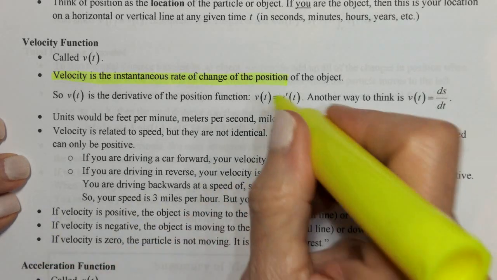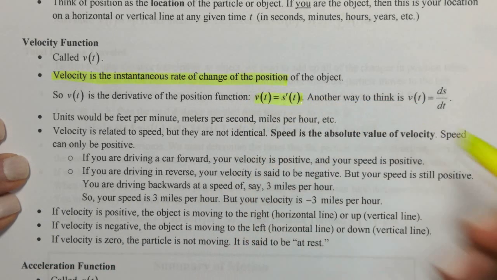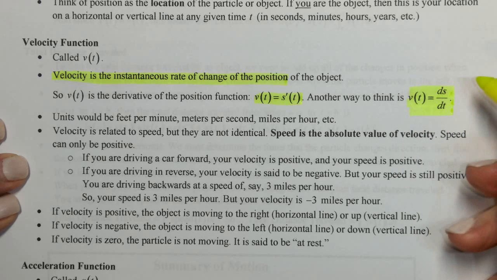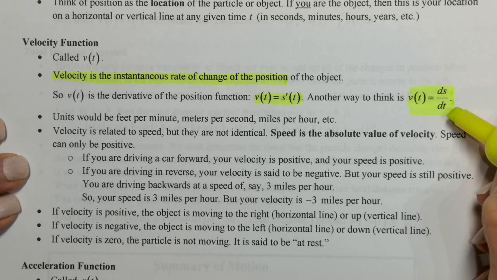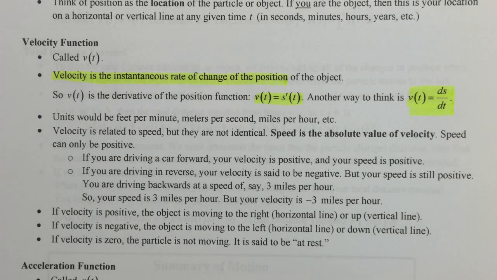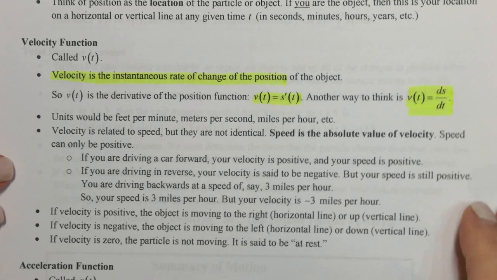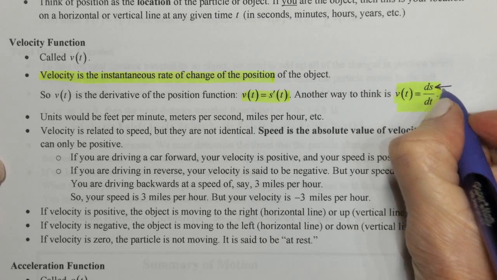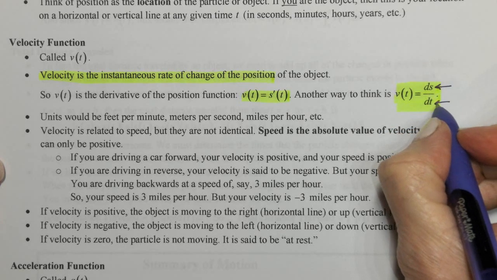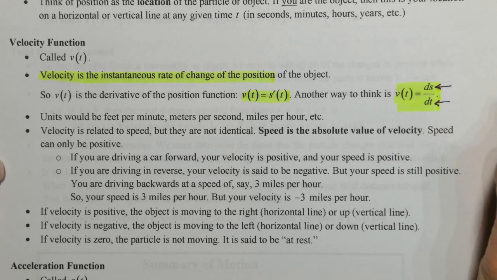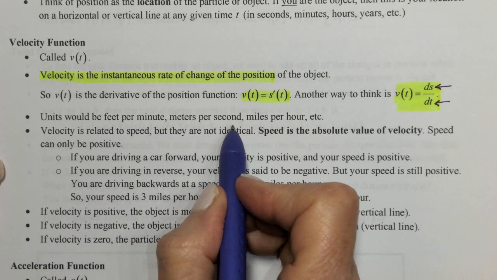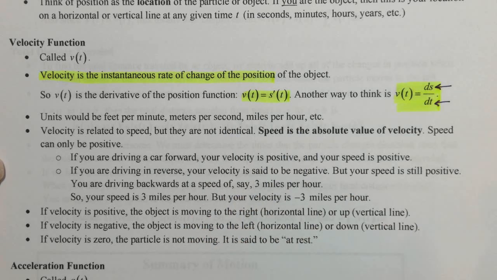Whatever your position function is, velocity is the derivative of that, which means velocity is the derivative of position with respect to time. I like to think of it this way because that way we can easily get units. So units would be units of position divided by units of time. So our units would be in things like feet per minute, meters per second, miles per hour, things like that.